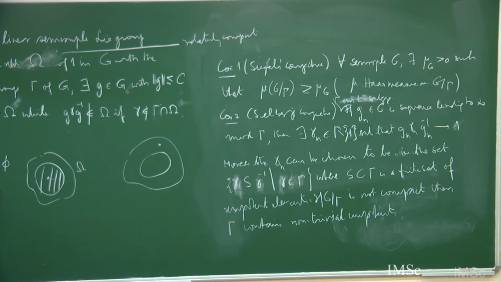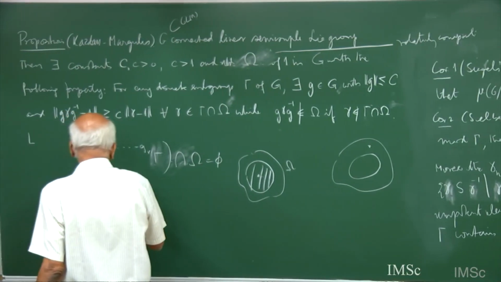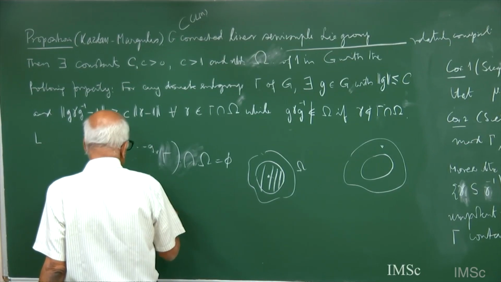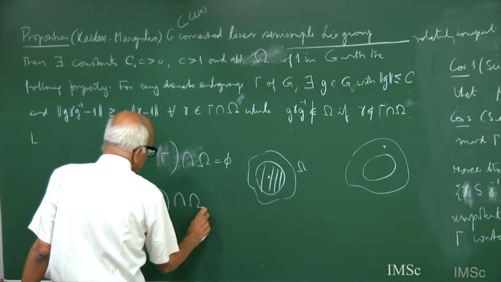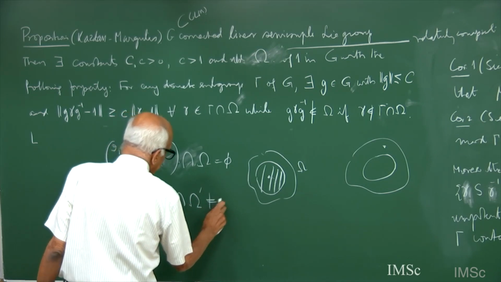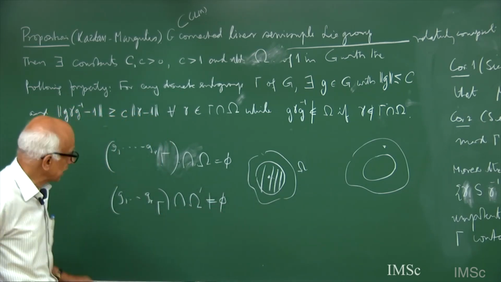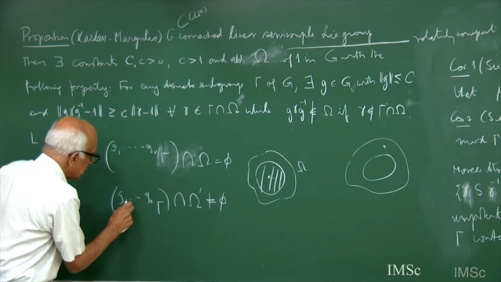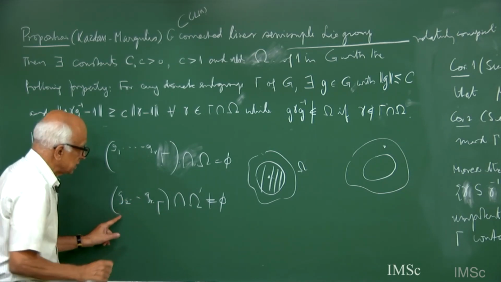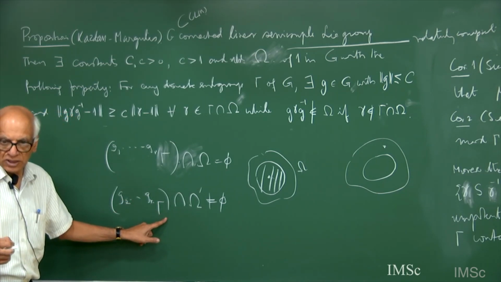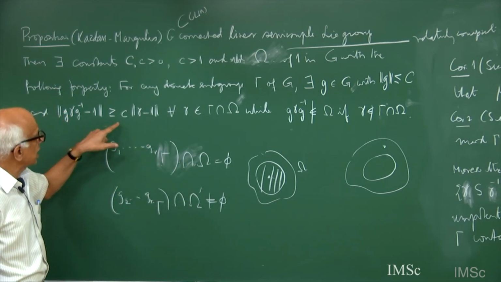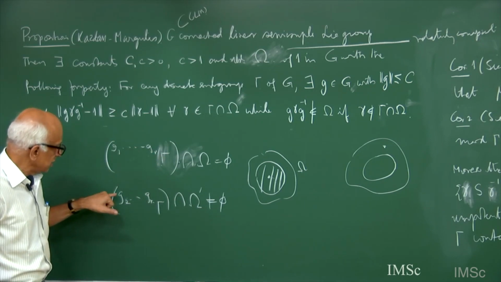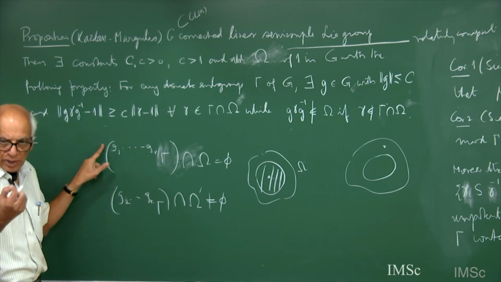This is what you know. And g_1, g_2, ..., g_r gamma intersection a smaller neighborhood omega prime is also going to be empty. At the previous stage, it may not avoid omega, but you are applying g_1 inverse.